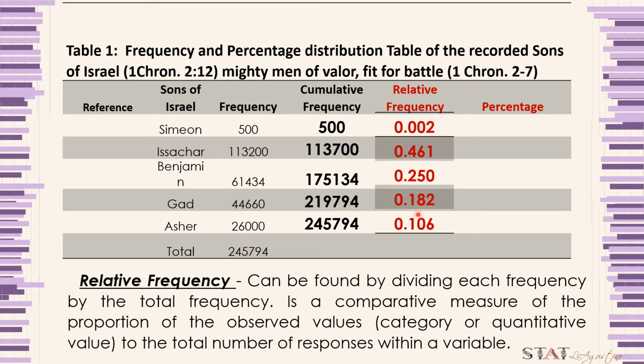And so on and so forth. We can see here that there must be a 1, because the total frequency divided by the total frequency should, of course, be 1. So that's how you compute the relative frequency.